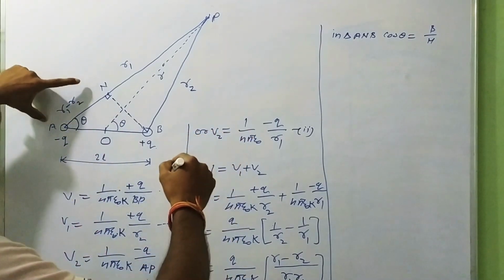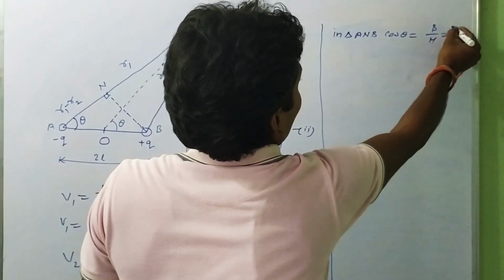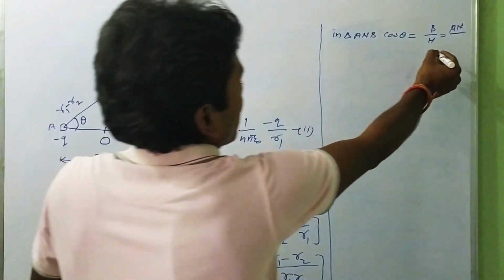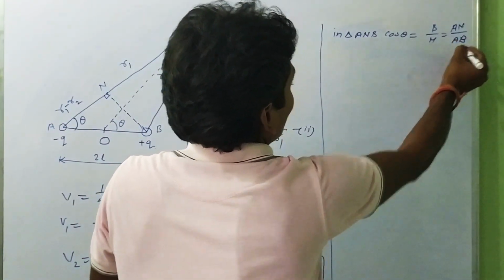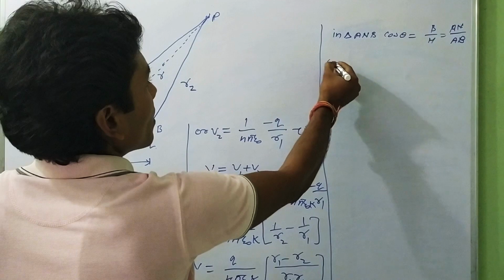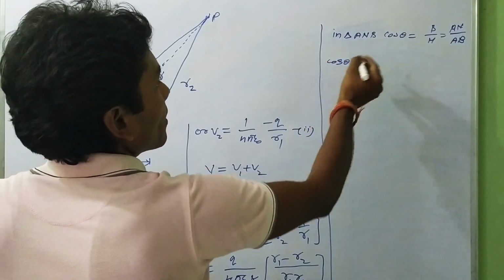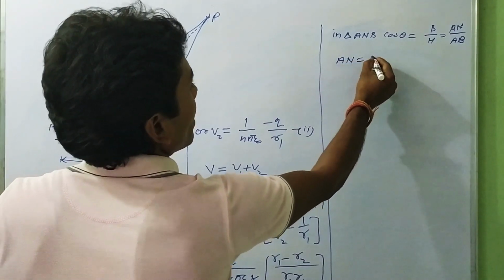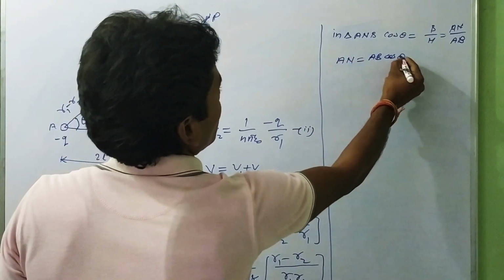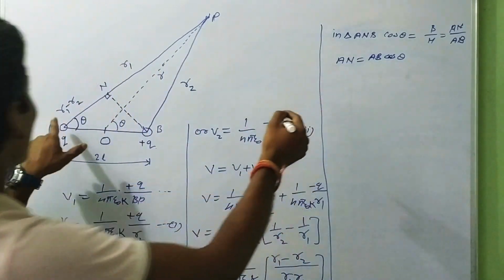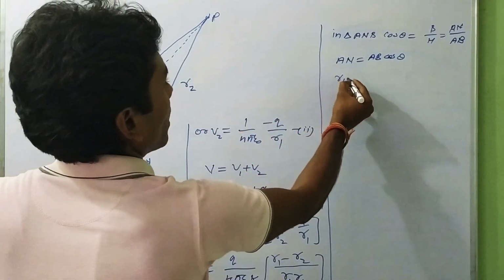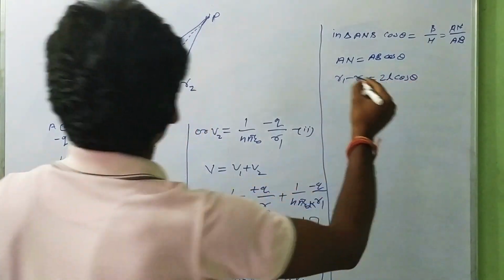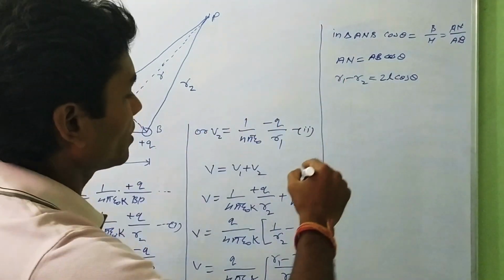So the base is AN and the hypotenuse is AB. So cos theta equals AN upon AB, AN equals AB cos theta, AN equals R1 minus R2, AB equals 2L, and so R1 minus R2 equals 2L cos theta.